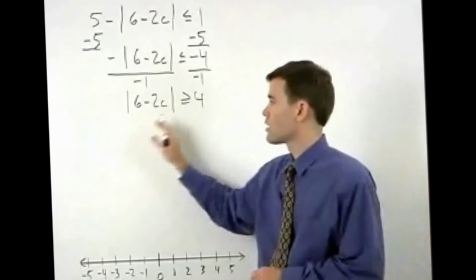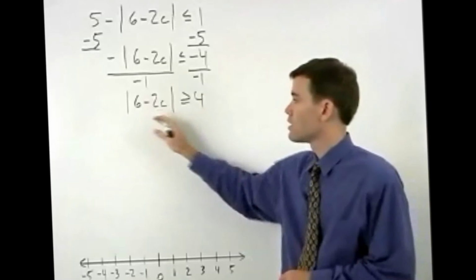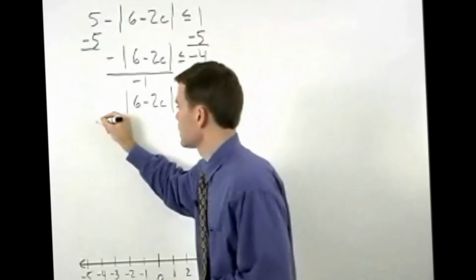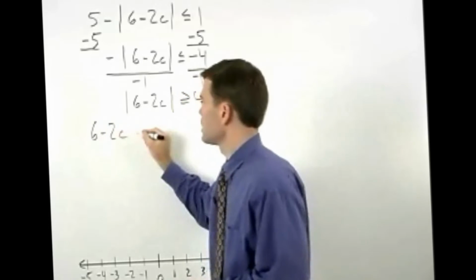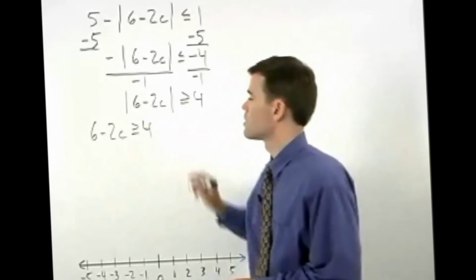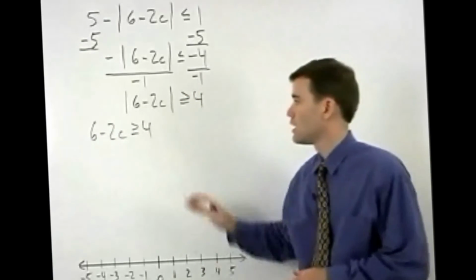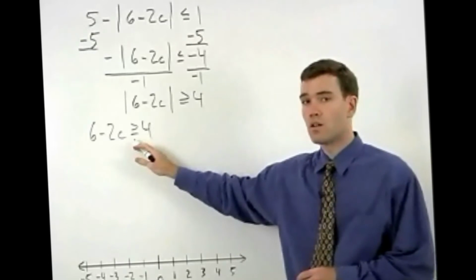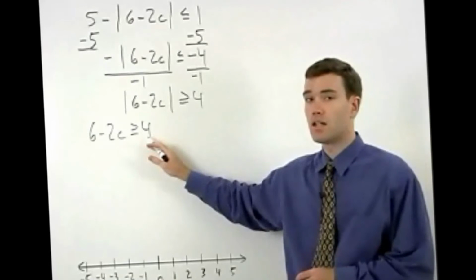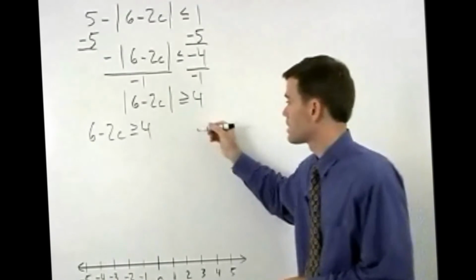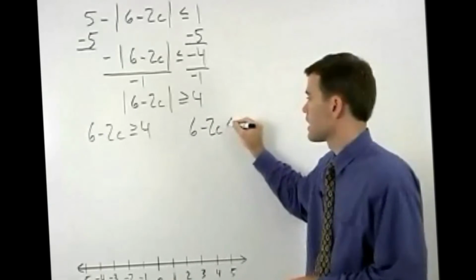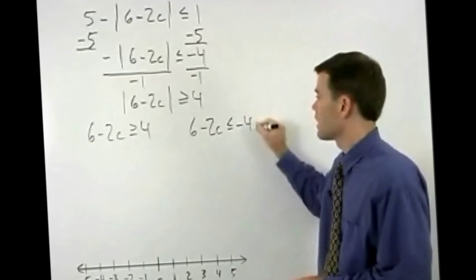Our first inequality will look just like the original minus the absolute value signs. So that's 6 minus 2c is greater than or equal to 4. In our second inequality, we will switch the direction of the inequality sign and make the right side negative. So that's 6 minus 2c is less than or equal to negative 4.